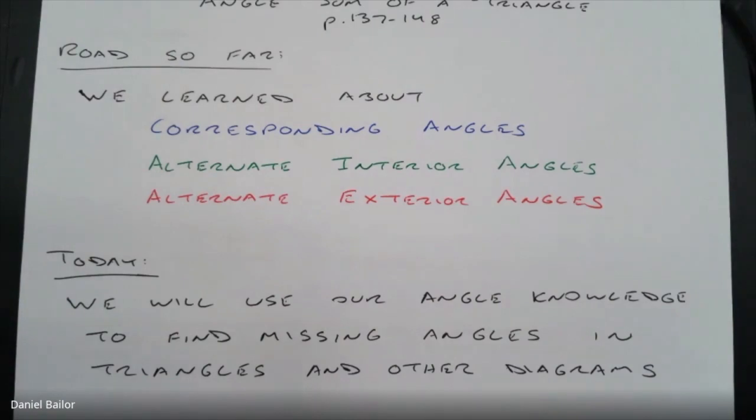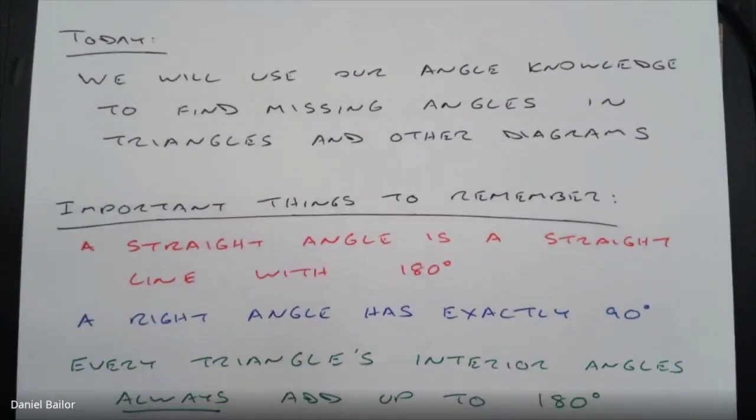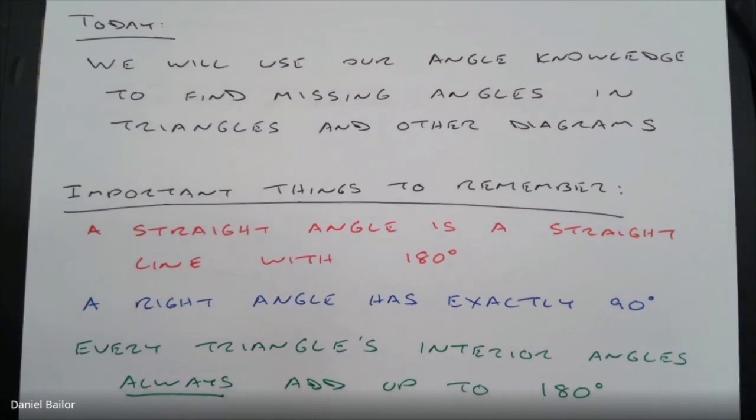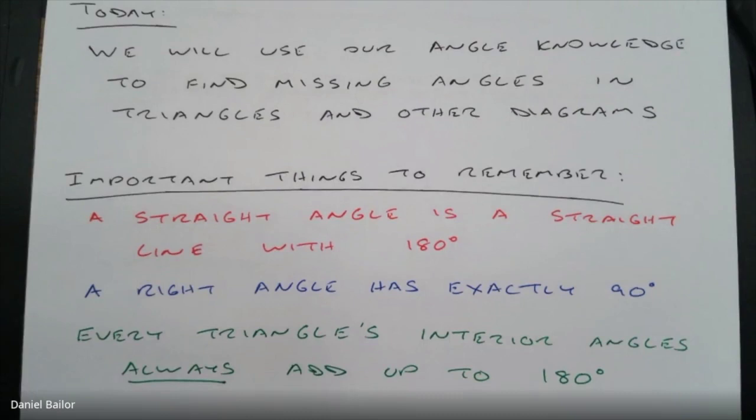There are a few important things that you probably want to remember for the lesson today. A straight angle is what we call a straight line. A straight angle is also, you might call it a straight line. It is also called a straight angle.